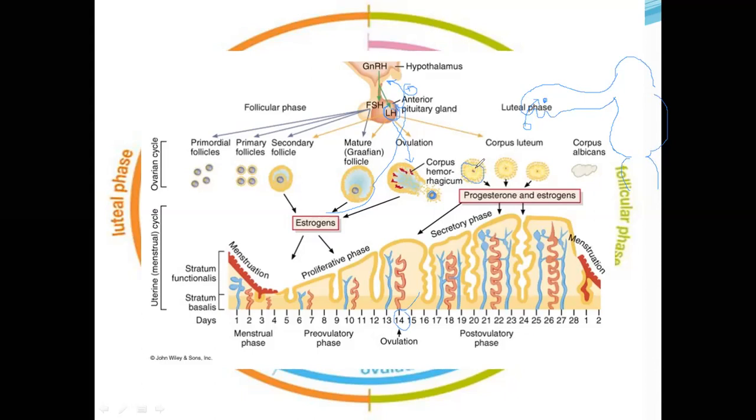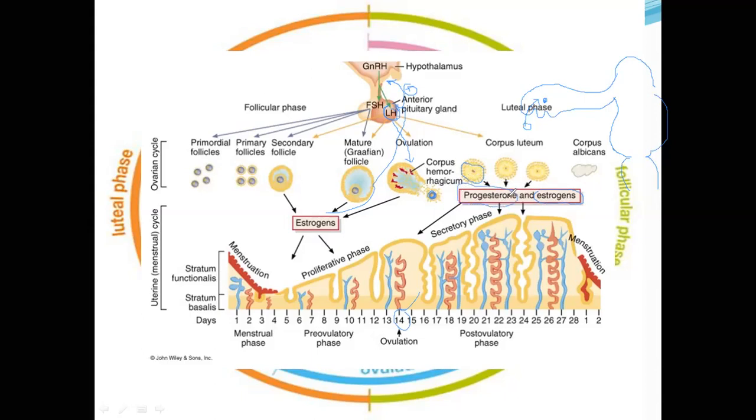Okay, now this corpus luteum will start production of progesterone, but along with progesterone, the corpus luteum will also secrete estrogen, but progesterone will be more as compared to estrogen.